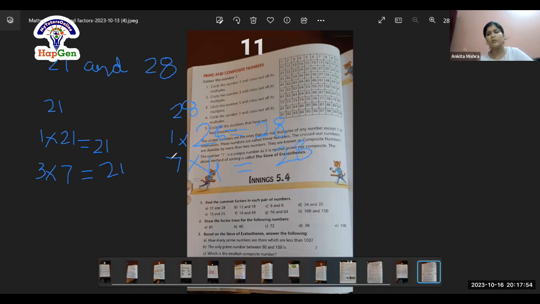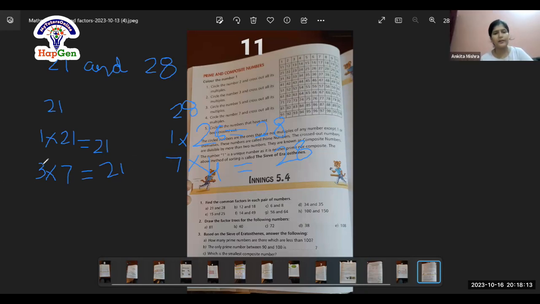Now what is the second common number? 4. But over here there is no 4.